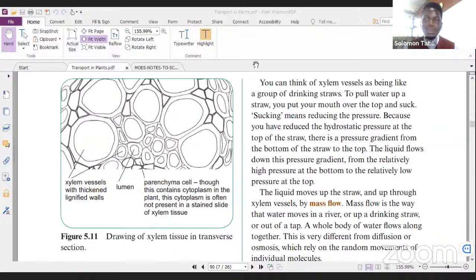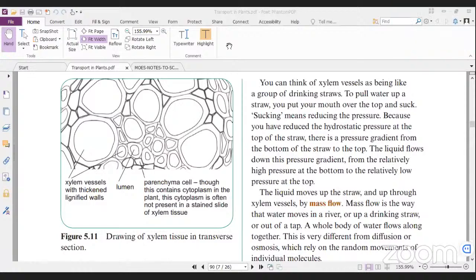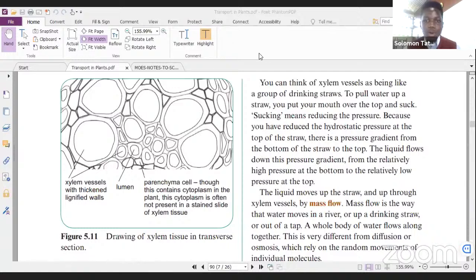Another one would love to define cohesion or adhesion? Cohesion gives the forces of attraction in between molecules of the same type. Okay, molecules of the same type for cohesion and molecules of different type for adhesion. Very good.